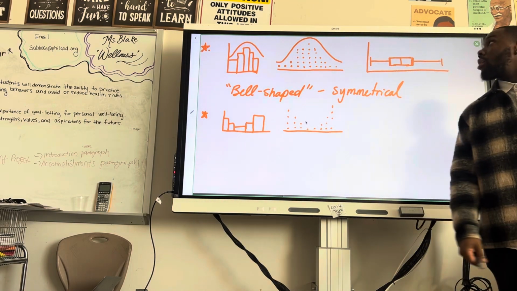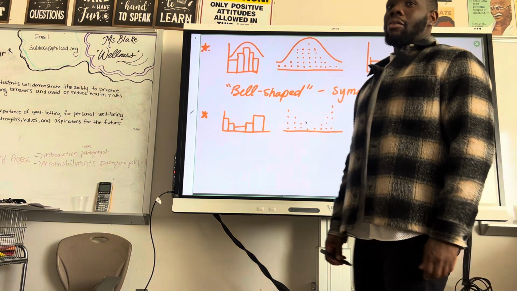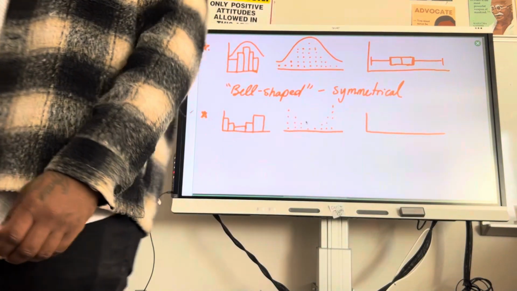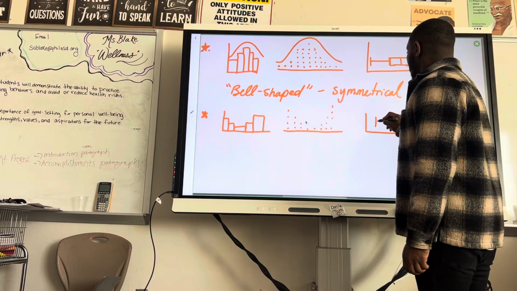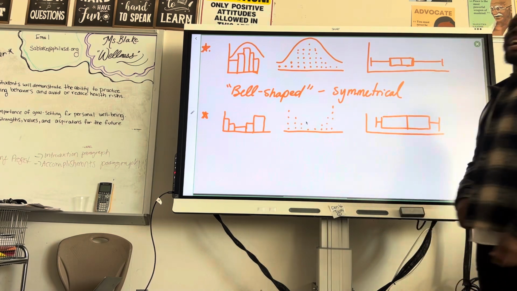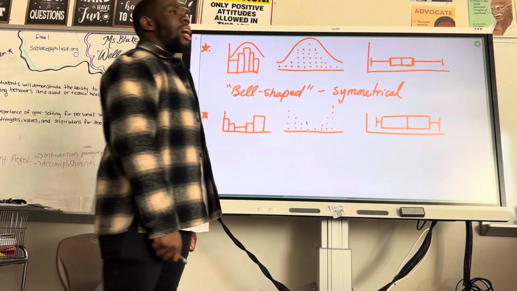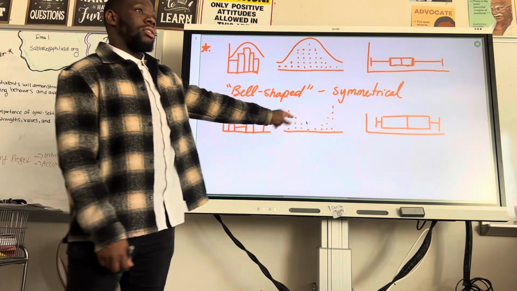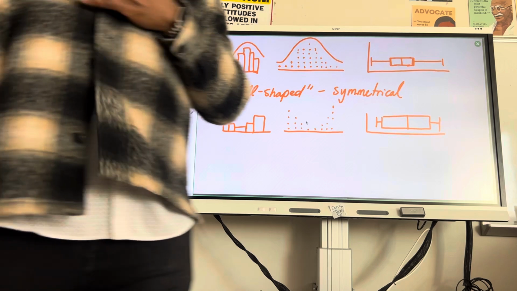What y'all know about that one? Oh, yeah. All right, excellent. This one is kind of shaped like, instead of a bell, do it the way you want to. You don't have to do this with dots. I just want to make sure it's very identifiable.